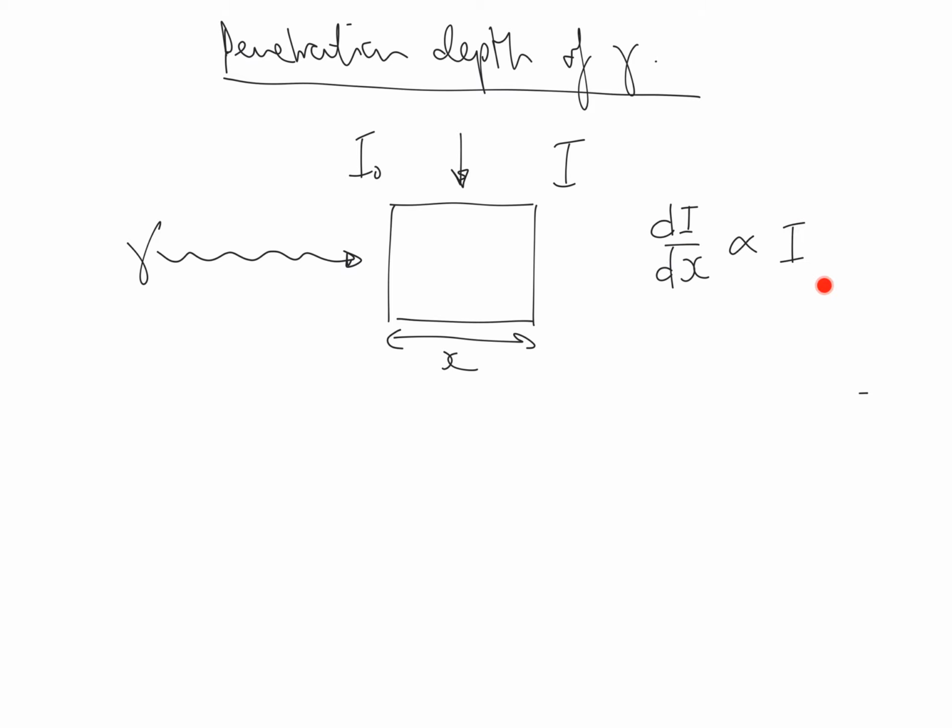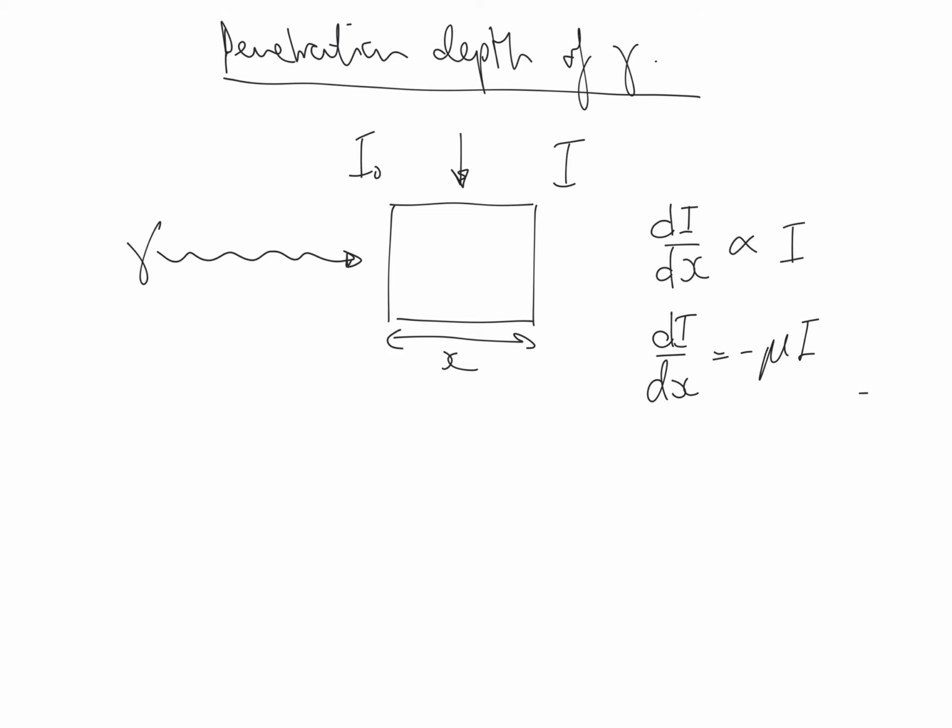This is the definition of exponentiality. If I were to rewrite this, I would remove my constant of proportionality, and I would write it as minus a constant times the intensity.